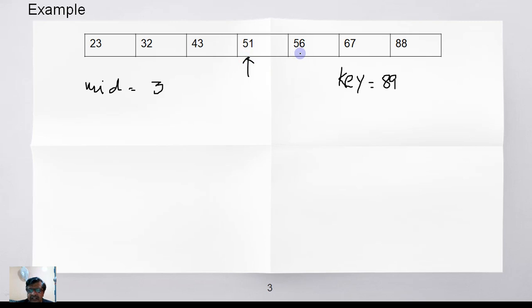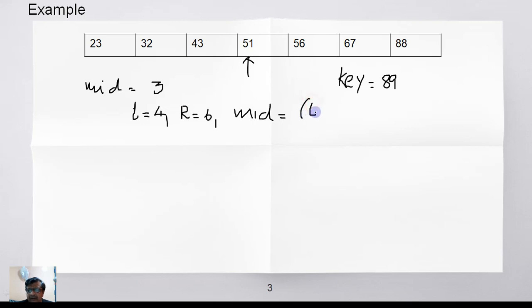Therefore the left extremity goes on increasing. L no more remains to be 0. L will start from over here, it will become mid plus 1. Mid plus 1 means 4. But right extremity stands to be 6. Therefore before it goes for the second iteration, new mid will be calculated.